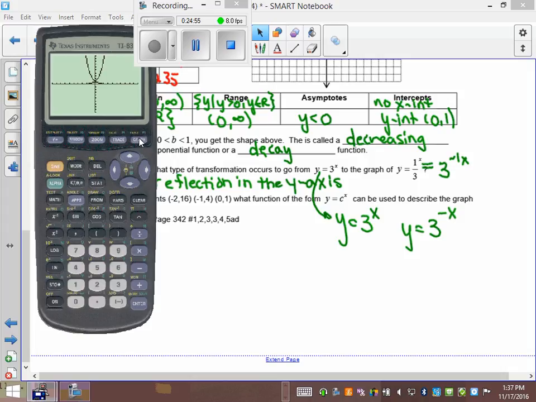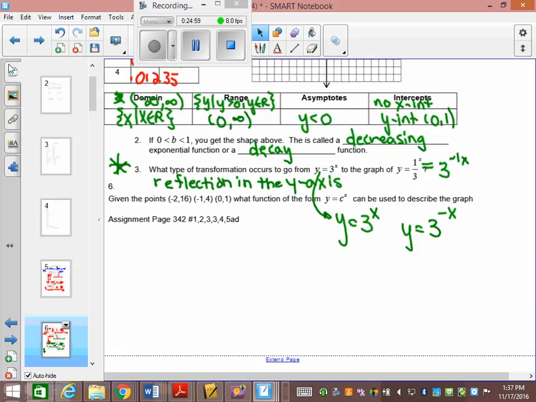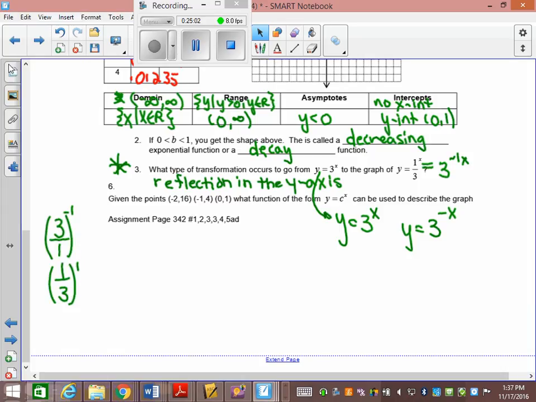Okay? Given the points (-2, 16), (-1, 4), and (0, 1), what function of the form y equals c to the x can be used to describe this graph? Remember, we're doing something to our x to get our y, that same something to our x to get our y.